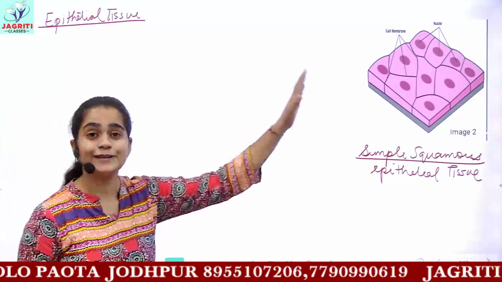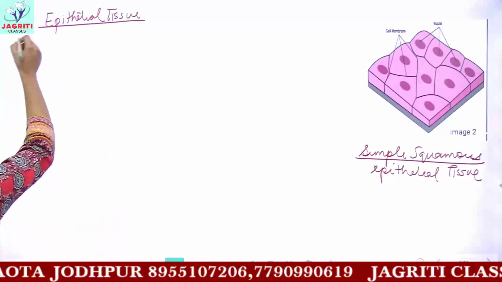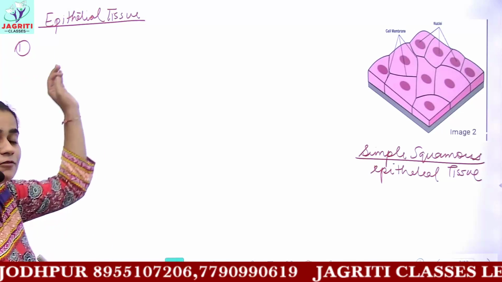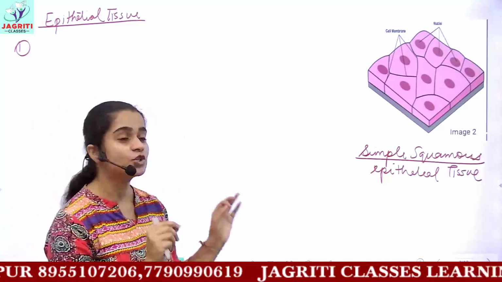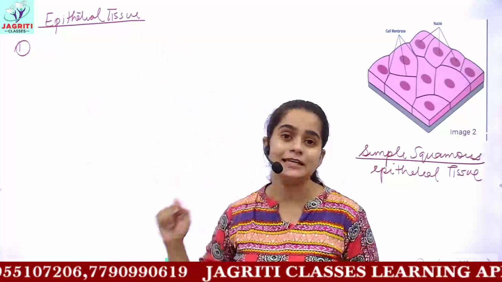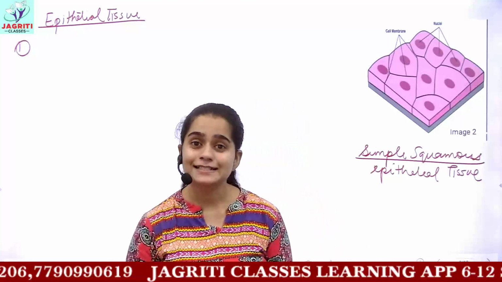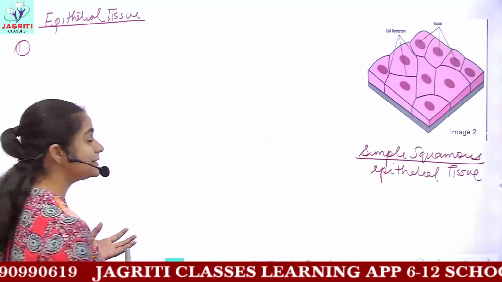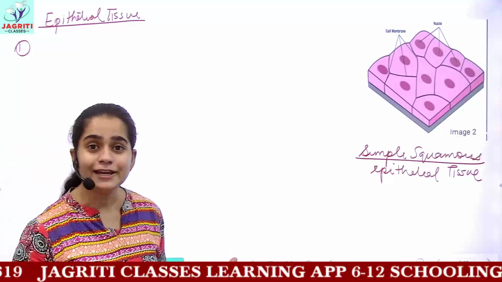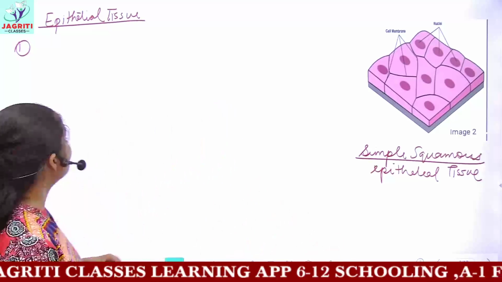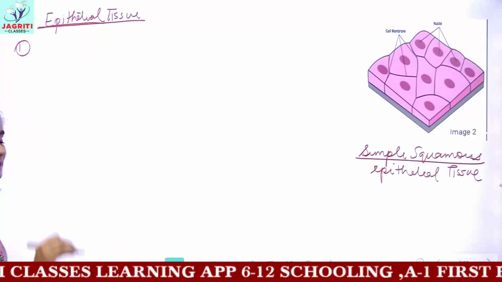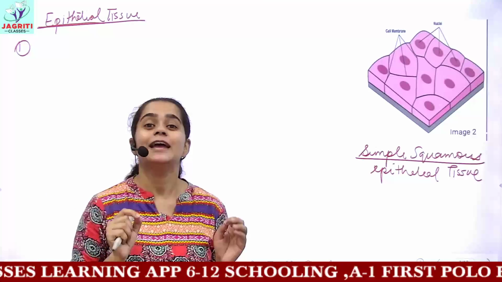Before going to this category, let us study some features. What do you have in common, that all these tissues are kept in the category of epithelial? As I told you in the starting of this class, as in plants we have the outermost covering as epidermis, in the same manner epithelial means the outermost covering of animals.